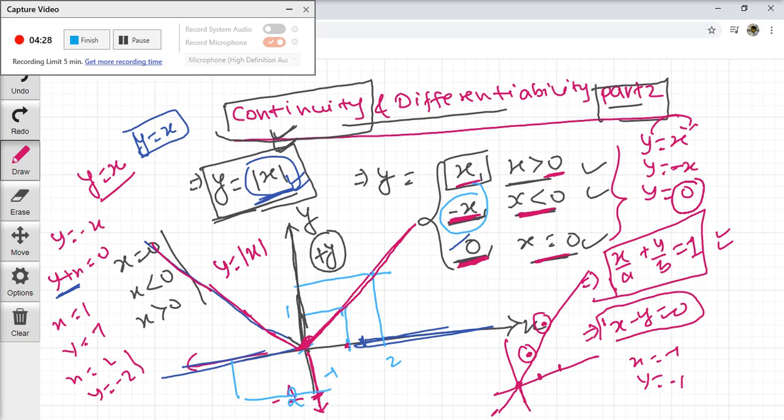At this 0 you see the graph is not discontinuous, meaning the flow is there as it is. Discontinuous means there should be a gap. So this is continuous at x is equal to 0. But the y coordinate changes; it is totally positive. That's how we can do it.